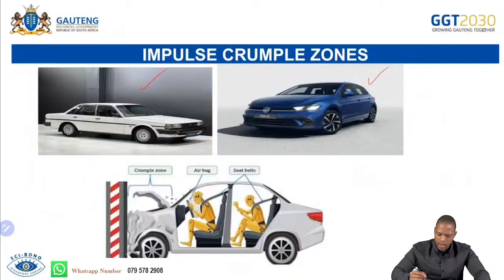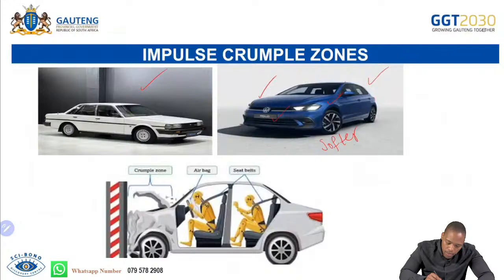Why is it? These people are not trying to save money by making these bonnets and fenders and bumpers softer. They are not trying to save money by making them softer or using weak material, as was the case back in the day, to say now these cars are fake. That's not the reason, my friend. The reason again is impulse, as was the case with the egg.